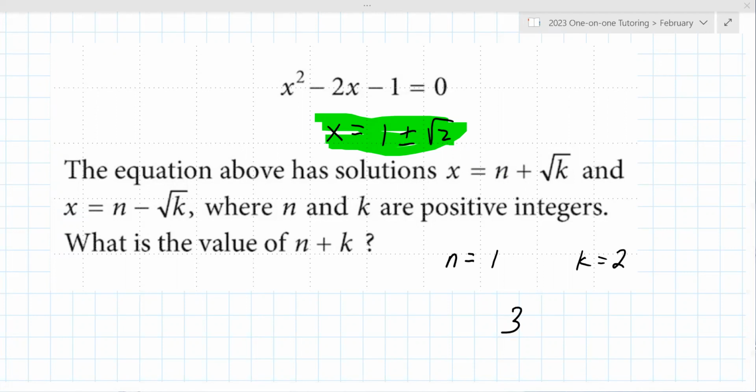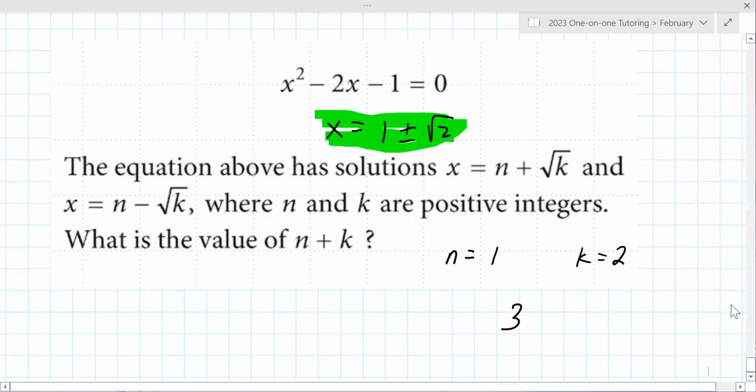It's just an issue of getting comfortable with the idea that you have to add the solutions together, or add this n and k together. So the extension of this is that every single quadratic problem is written like this: n plus or minus the square root of k.